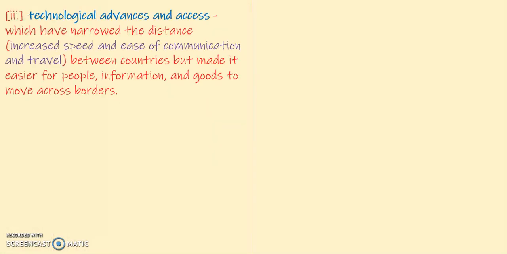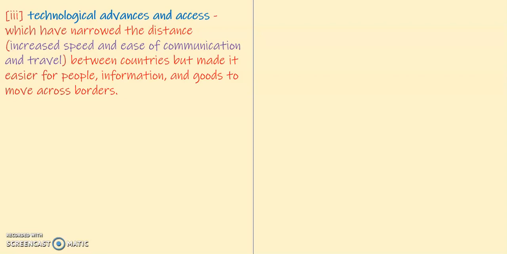And the last one I will raise is technological advances and access. Here you would have narrowed the distance between countries because you got increased speed and ease of communication and travel, things like the internet, faster planes and speedier boats, etc. So it made it easier for people, information, and goods to move across borders.